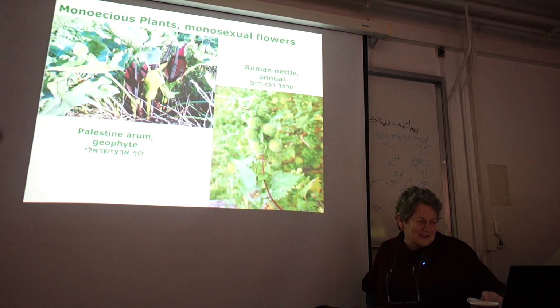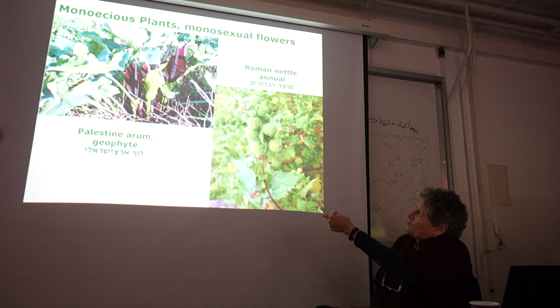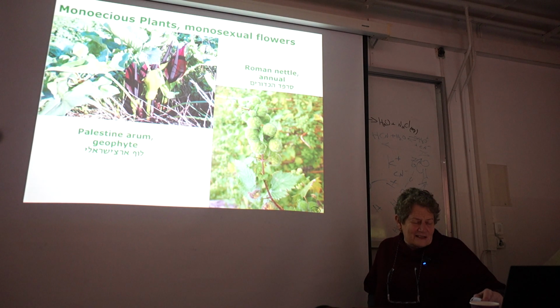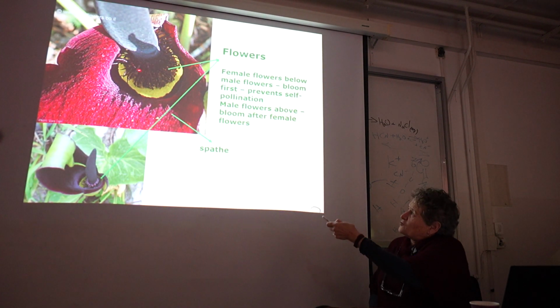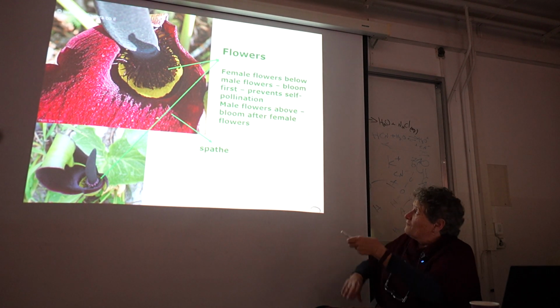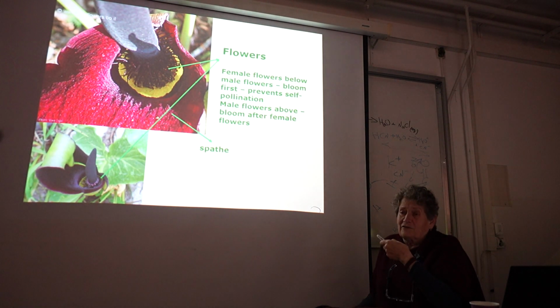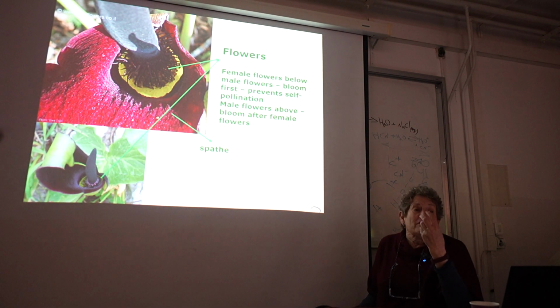But here, take a look at it again. Okay? This is what it looks like when it grows in nature. And this is what it looks like when we take a picture of it close up. This is what we call the spathe, the covering on the outside. So what happens here is that the female flowers are below the male flowers, and they bloom first.